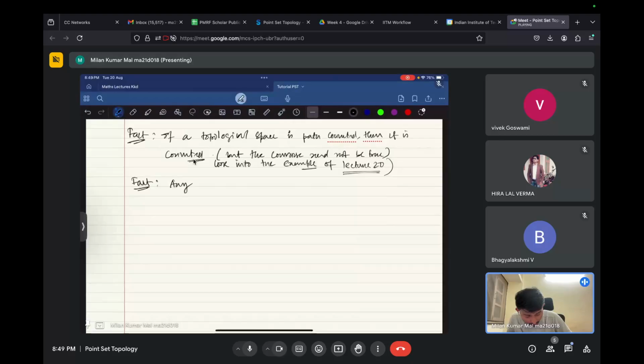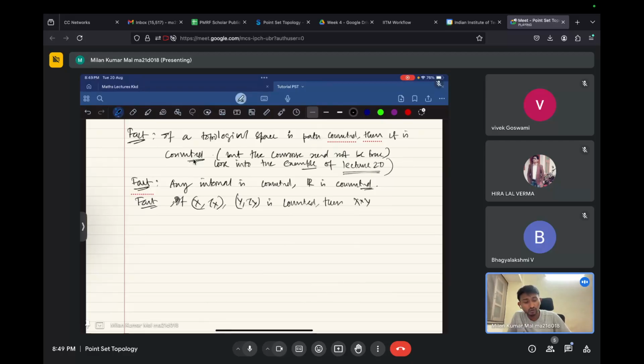Any interval, meaning a real interval, is connected. R is connected. The next fact is that if X tau X and Y tau Y are connected, then X cross Y with product topology is connected.